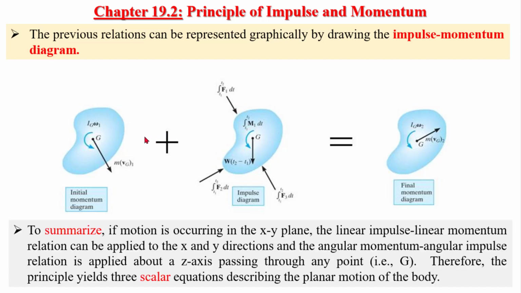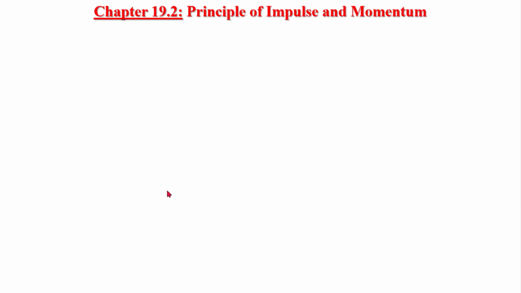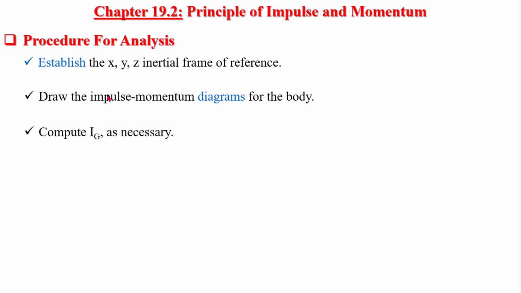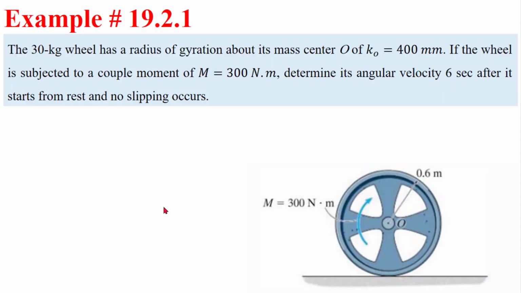And instead of drawing, we can write the equation in x-axis, y-axis, and on the z-axis. Okay, and here is the procedure: establish x, y, draw the diagrams, write or apply the equation of impulse and momentum, and try to benefit from kinematics to find out relation of omega with the velocity.